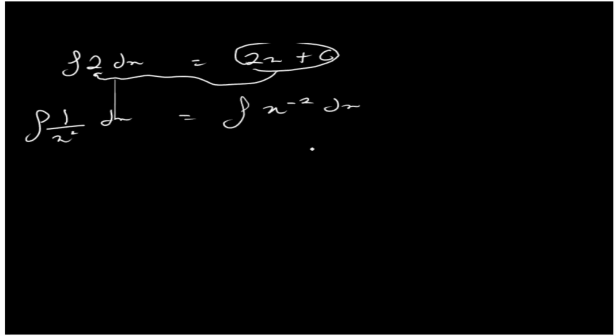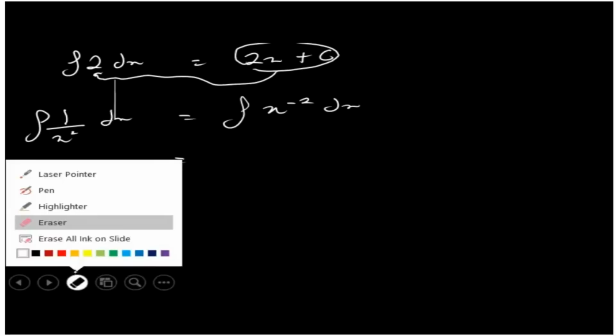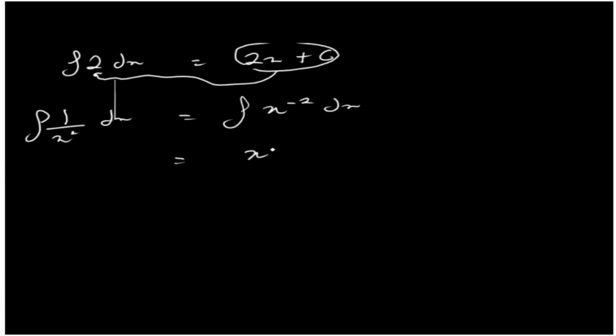This is x raised to power minus 2 plus 1 over minus 2 plus 1. It must not be equal to negative 1. So if it's negative 2, or negative 3, you simplify it first, then apply that formula.